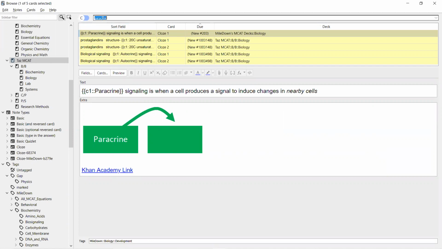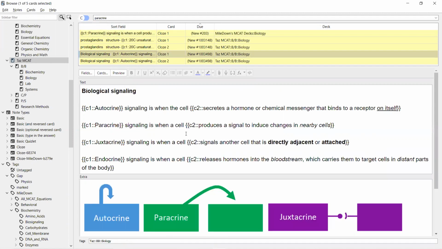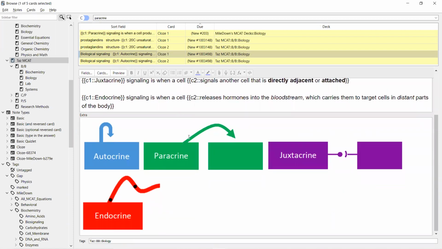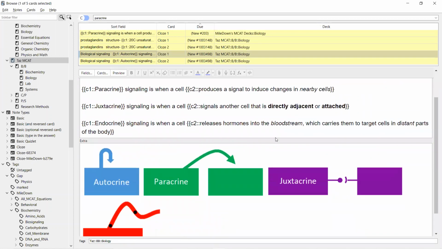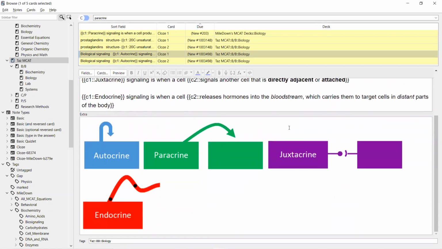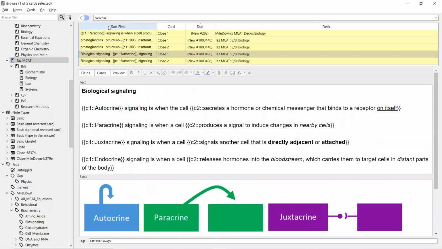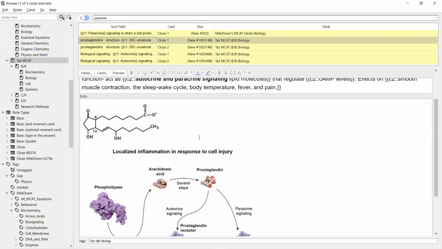This is an aside, more towards the endocrine system. Autocrine is on itself, paracrine is nearby, juxtacrine is directly next to, and endocrine is into the bloodstream, so it can go throughout the body. That's just an aside. So back to prostaglandins.